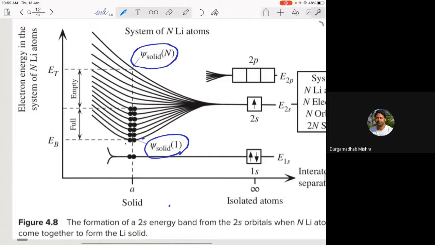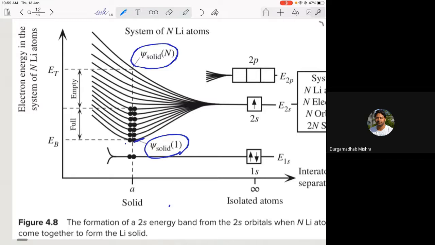This is not a molecular orbital, it is now like a solid orbital, which is due to the solid, so it is not a molecule anymore. This is a wave function which represents all the electrons actually.